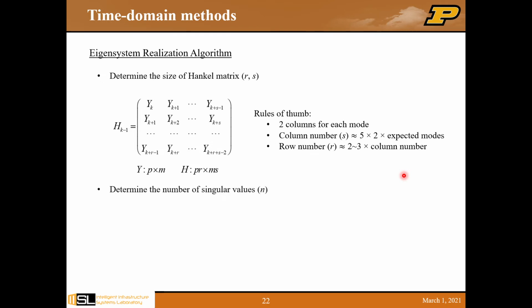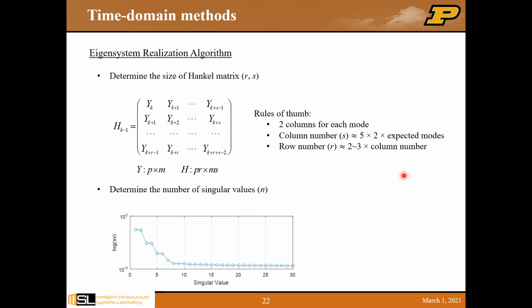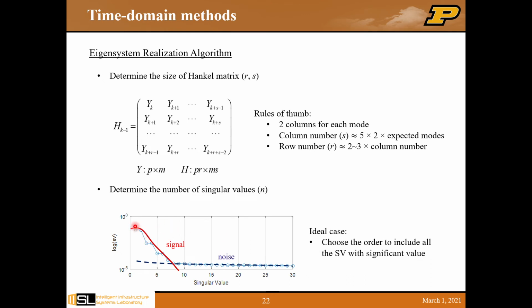And the next question is, how do we determine the number of singular values? Well, we can plot them. In the ideal case, it is easy to differentiate the singular values corresponding to genuine modes from the singular values corresponding to the noise modes. So this is the plot in the ideal case. The red curve shows the signal, corresponding to genuine modes, and the blue curve shows the noise modes.